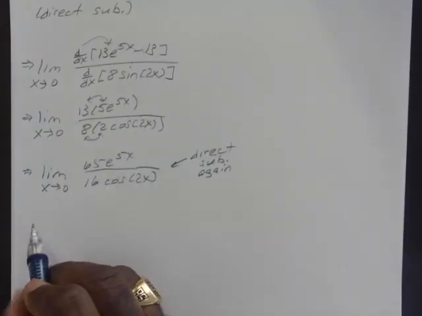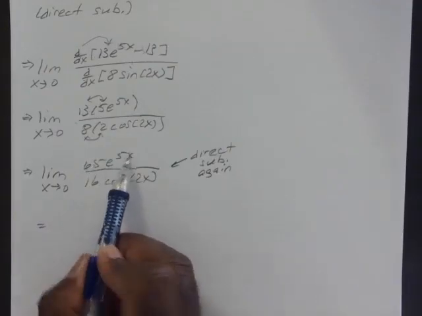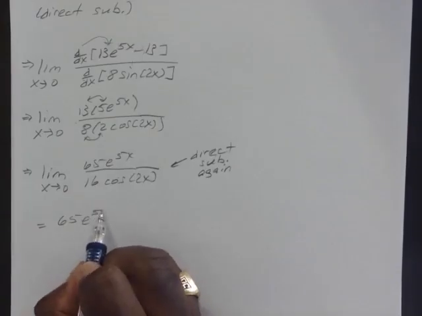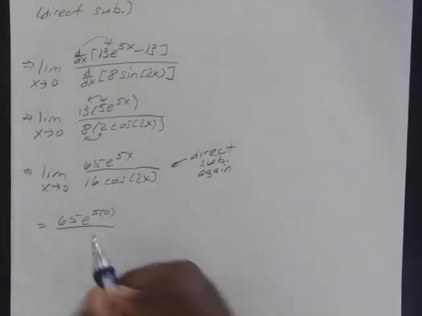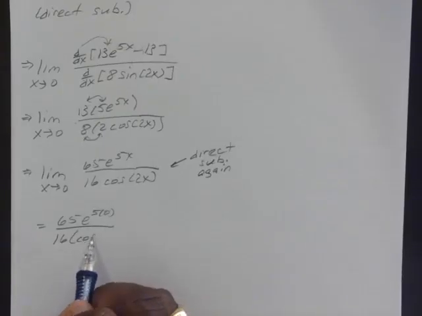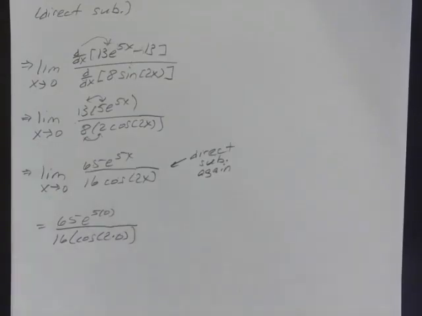So here, if we use direct substitution, we end up with 65 times e to the power of 5 times 0, divided by 16 times cosine of 2 times 0. It's just cosine of 0, but I'll write out the whole thing.